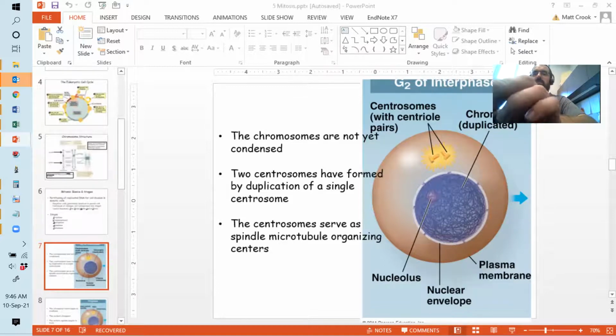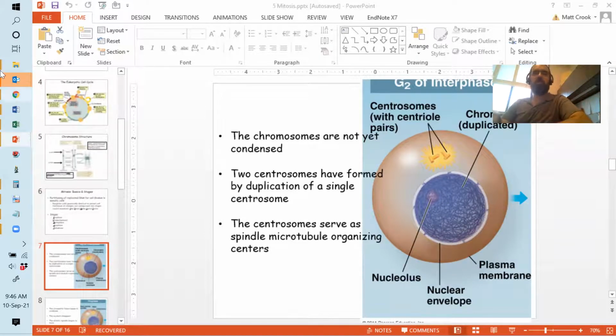They're used to push the centrosomes apart, then attach them to the plasma membrane. My typing is not very good today. And essentially lasso the chromosomes.